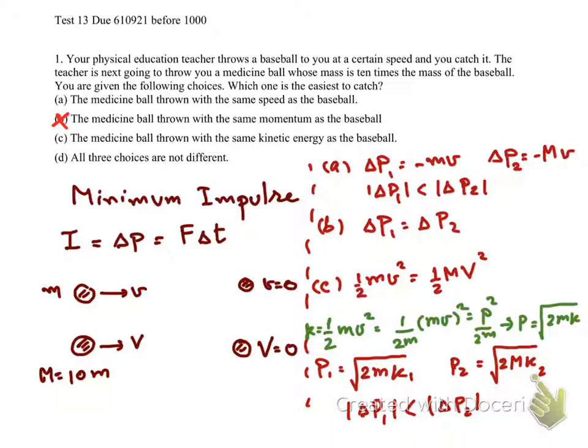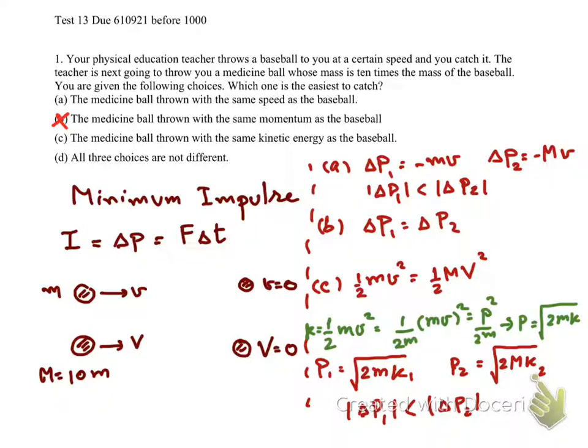So you can see that if the baseball and the medicine ball have the same kinetic energy, the one with the larger mass will have the larger momentum. In this case, the medicine ball will have the larger momentum, and to stop the medicine ball we need more force or more time, because we need to change more momentum than in the case of the baseball.